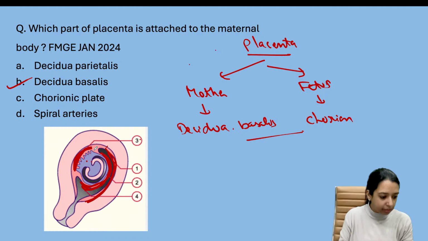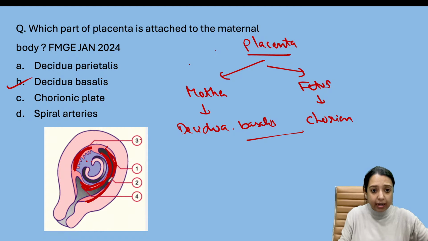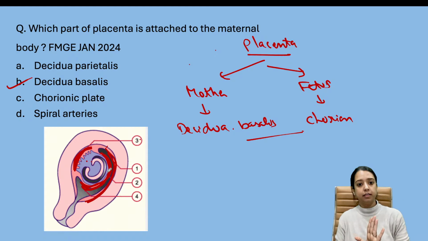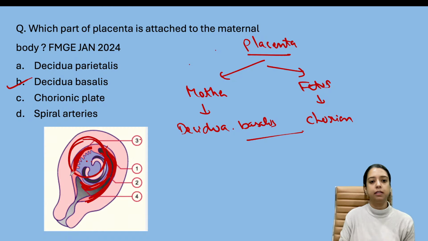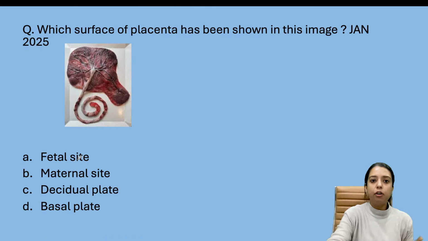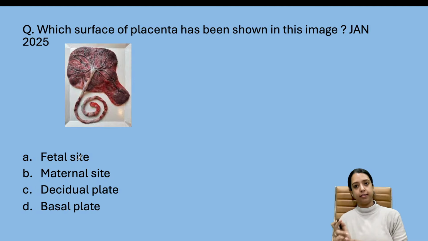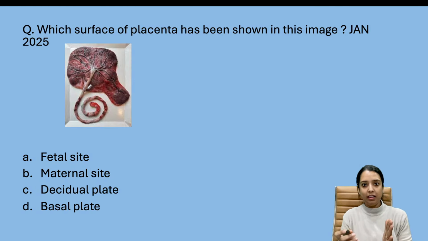Parietalis means wall. Is this part forming the placenta? No. What we can clearly see is this part forming the placenta, decidua basalis. So which part forms the placenta? Decidua basalis.